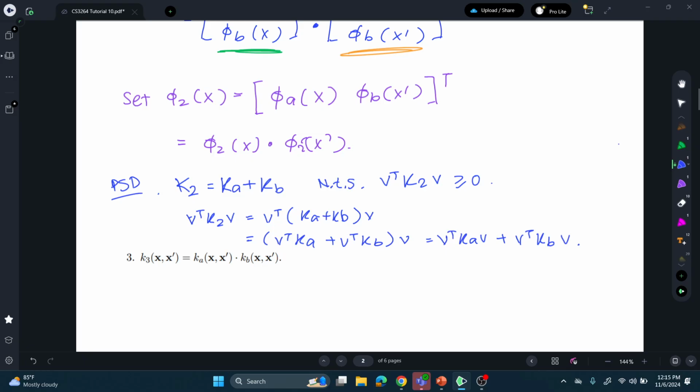This is after I expand using the distributive law. The moment this happens, I notice that Ka and Kb both are kernels. Because Ka is a kernel, this part is guaranteed to be greater than or equal to 0, because Ka is positive semi-definite. The same goes for this part: it is greater than or equal to 0 also, because Kb is also a kernel by definition of the problem. So I know the sum will be greater than or equal to 0. Thus, I know K2 is going to be positive semi-definite, PSD. Any questions?